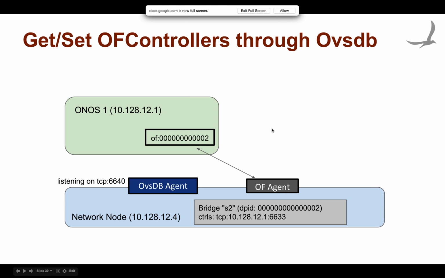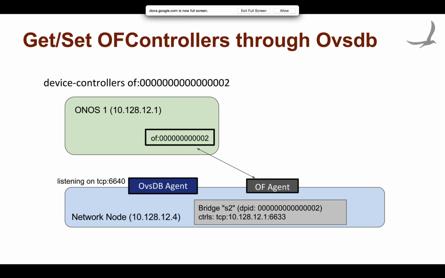Hi everybody. With help of Tom and Brian, we implemented the get and set methods for the OpenFlow controllers through OVSDB. Now we have an OVSDB agent that controls an OVSDB database, listening on port 6640 of TCP, and we have an ONOS instance. We implemented the command device controllers that you can run through the CLI in ONOS, and you provide the device ID, in this case the second OpenFlow device.